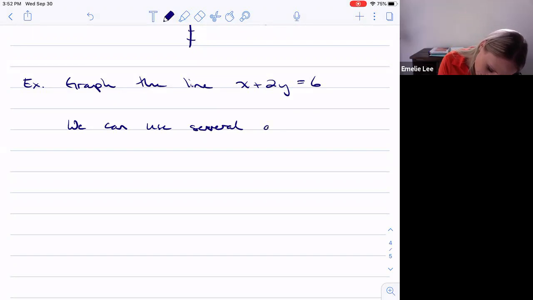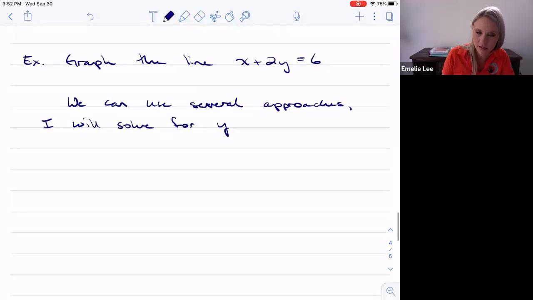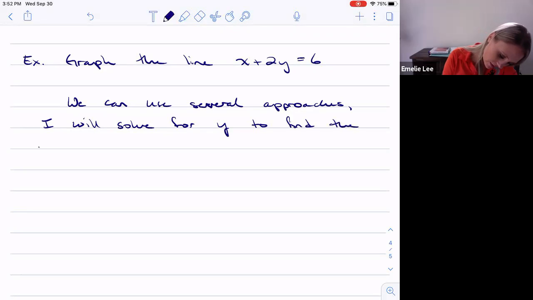We can use several approaches. I will solve for y, to find the equation of the line in slope-intercept form.